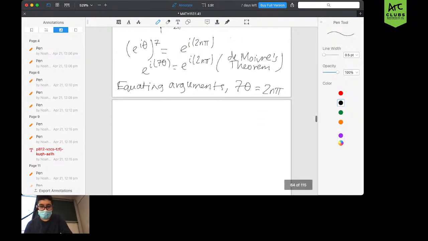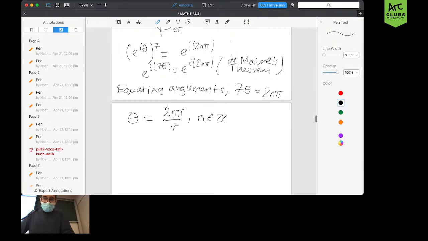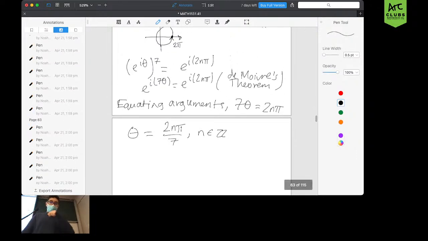Cool. And isolating theta, we're left with theta is equal to 2n pi divided by 7. And remember, n is just any integer. Okay, cool. Now we can substitute this. We're going to leave this at the moment. So we've now solved theta.